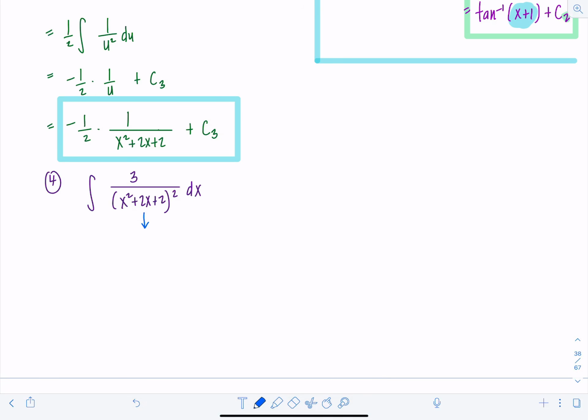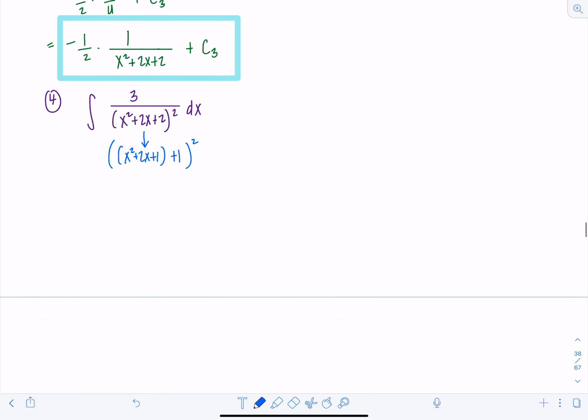So remember, we can write this as x squared plus 2x plus 1 plus 1, and this is all squared. So you can't do that little shortcut straight to tan inverse. I'm so sorry. This is going to be x plus 1 squared plus 1 all squared. So we are going to let x plus 1 equal 1 times tangent theta. So same sub as last time, it's just going to work out differently. dx is going to be secant squared theta d theta.